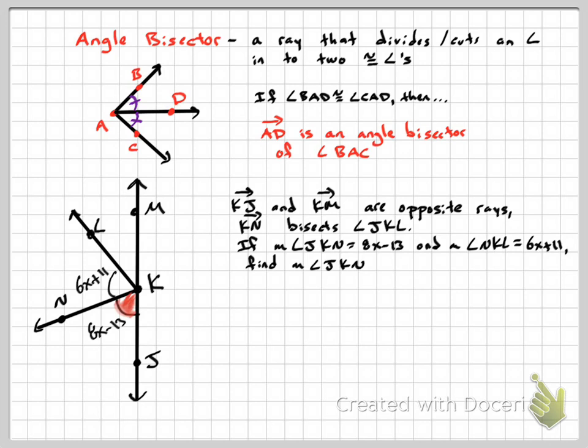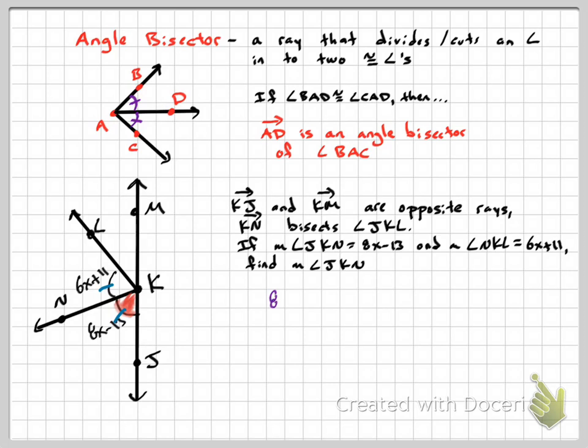Now remember, they told us that this was an angle bisector. So if that's an angle bisector, that means that these two angles are congruent. If those two angles are congruent, then their equations should be equal, because remember, congruent means same size and same shape. So that transfers to angles as well.